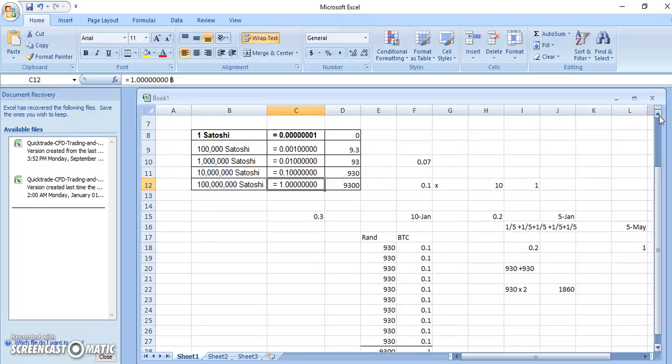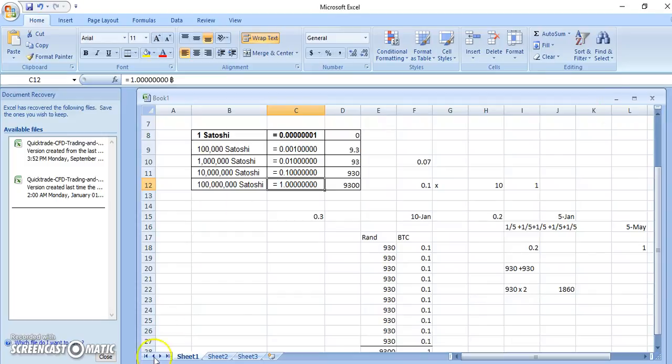So bitcoins can be sold in pieces. Just remember your apple. We can all share the apple. If you were to slice your apple into pieces like a pawpaw, you go to a shop, you get a pawpaw for 5 rand or whatever, but if it's whole, it's 8 rand. So it's the same thing. You can slice the bitcoin into smaller pieces.